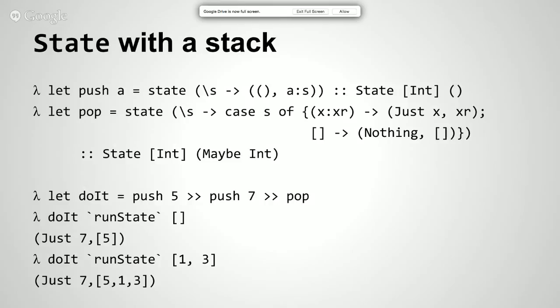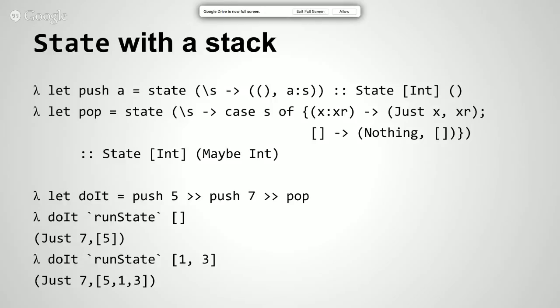And so that has type signature state, list of int, maybe int, because the state is the stack. That's the stateful parameter that's being passed in. And maybe int is what it returns. So then we can combine these stateful actions. We say, okay, let's call doit push 5, composed with the sequencing bind that throws away the return because the return is just a unit, push 7 and then pop.